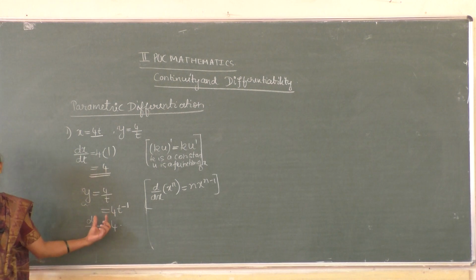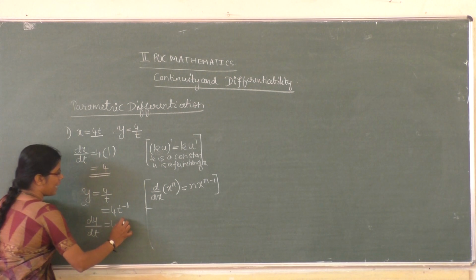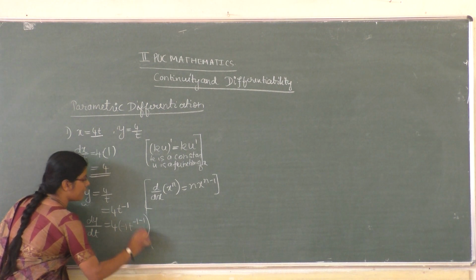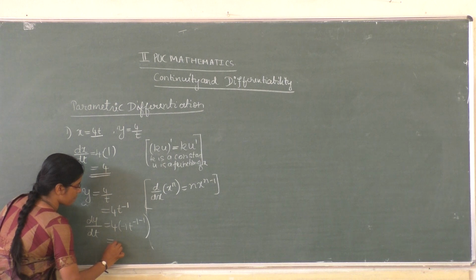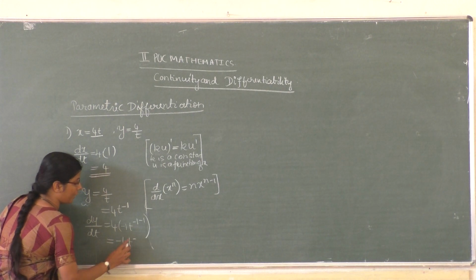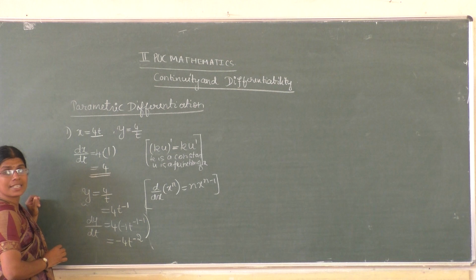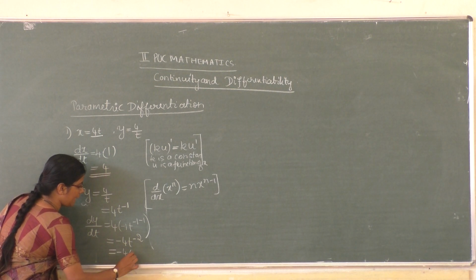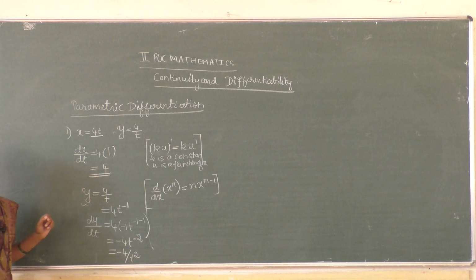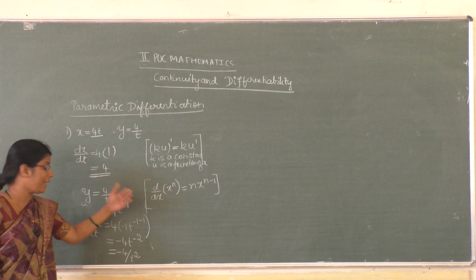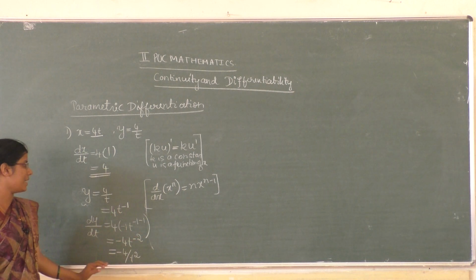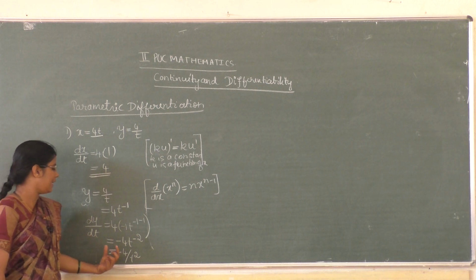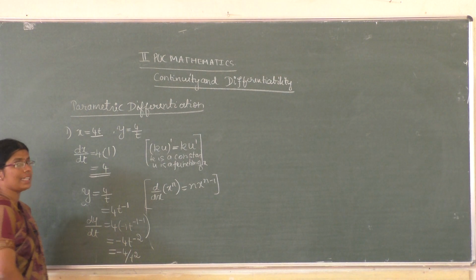So t to the power minus 1 gives minus 1 into t to the power minus 1 minus 1. So this becomes minus 4 into t to the power minus 2, that is minus 4 by t square. Here dx by dt is 4 and dy by dt is minus 4 by t square.